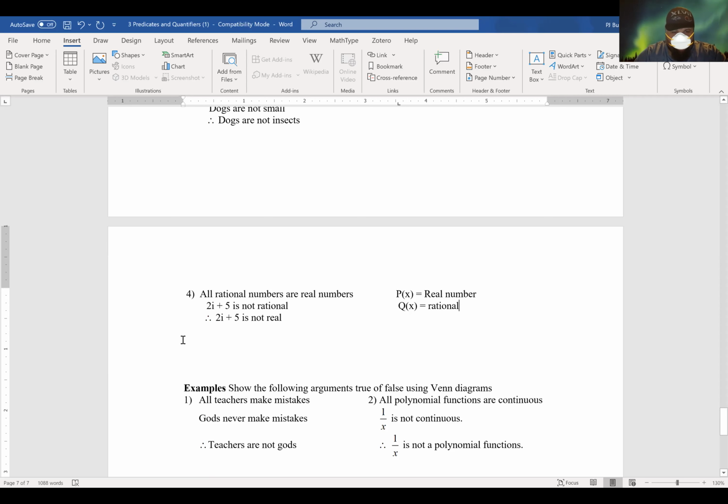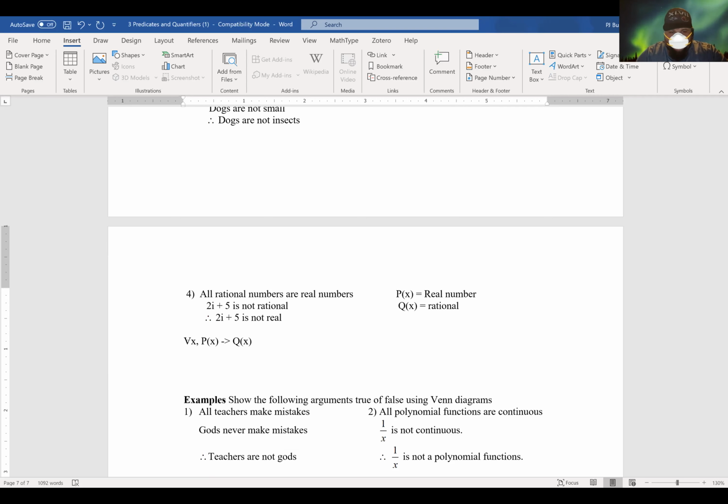So let me write out the statement form here. So for all X, we have, again, P of X implies Q of X. The second statement says 2i plus 5, which is some particular value X, is not rational.